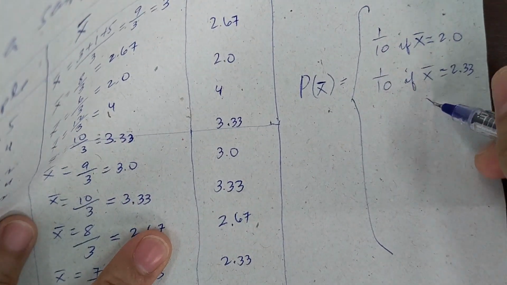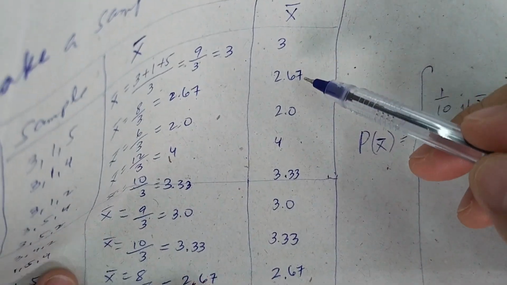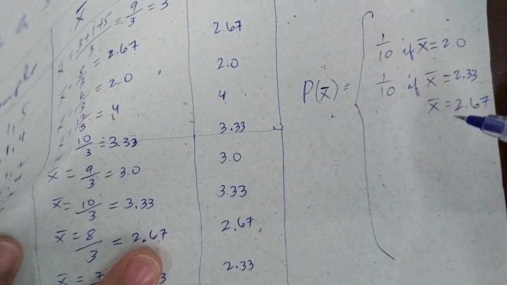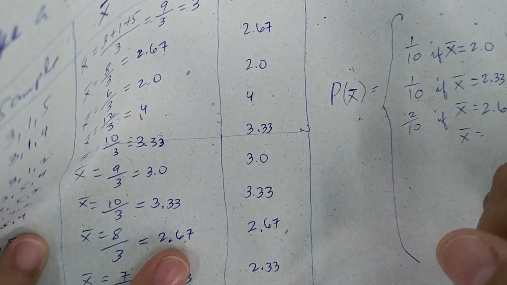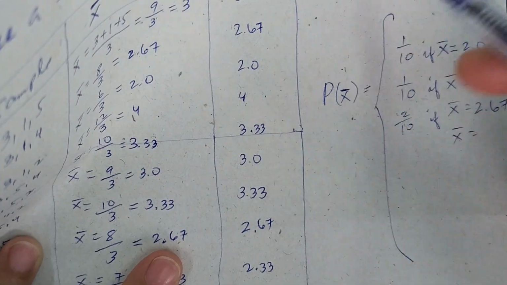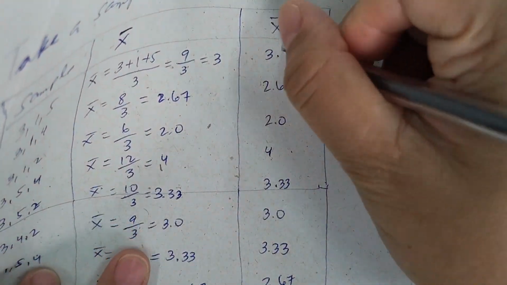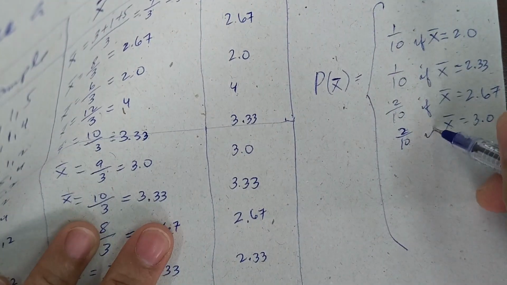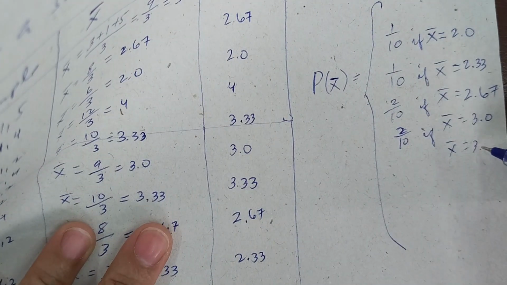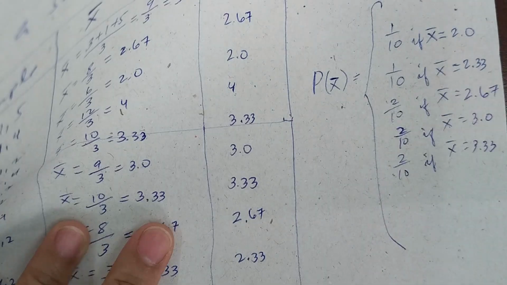When your X bar is 2.67, merong 2 over 10. Then next to 2.67, we have 3.0, and we have also dalawa, so 2 over 10. If your X bar is 3.33, meron din tayong 2 over 10.